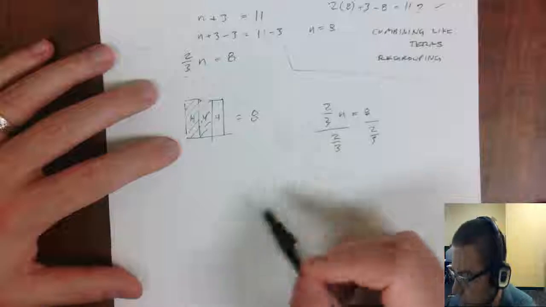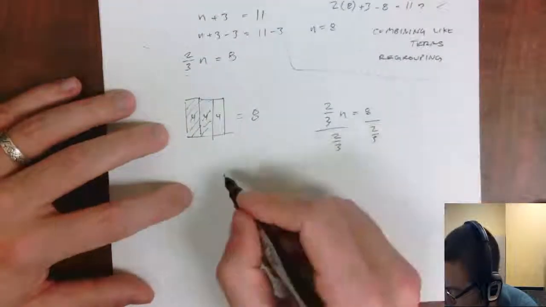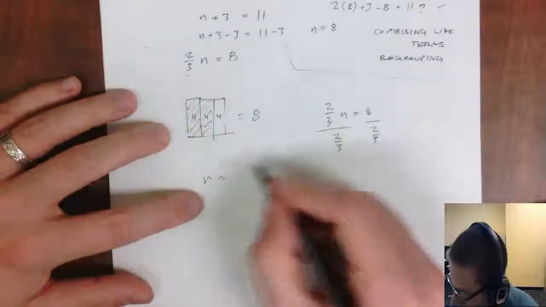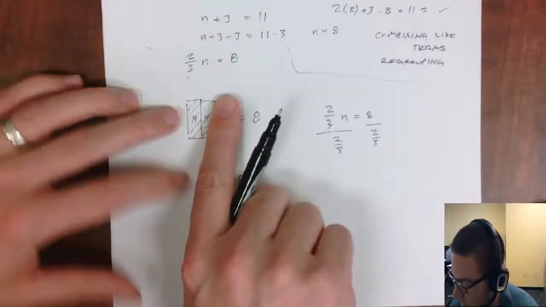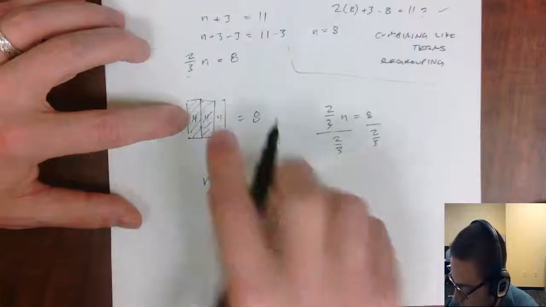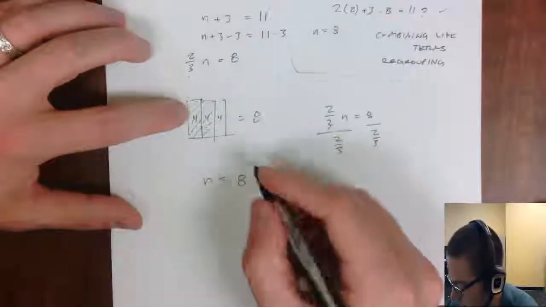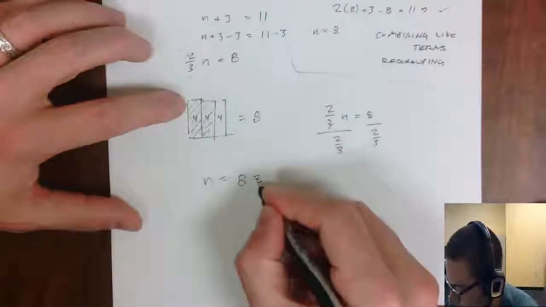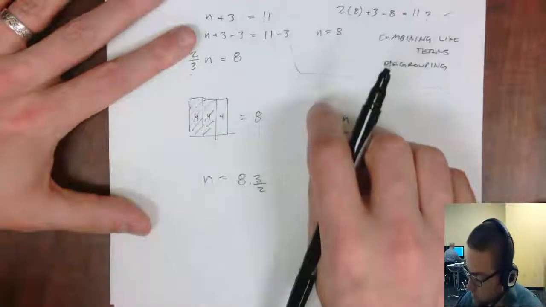So we flip the fraction over and multiply, but what does that actually mean? Well, I have 8 in here, and I want 1.5 times what that is. So that's what it means, I want 1.5 times what 8 is.